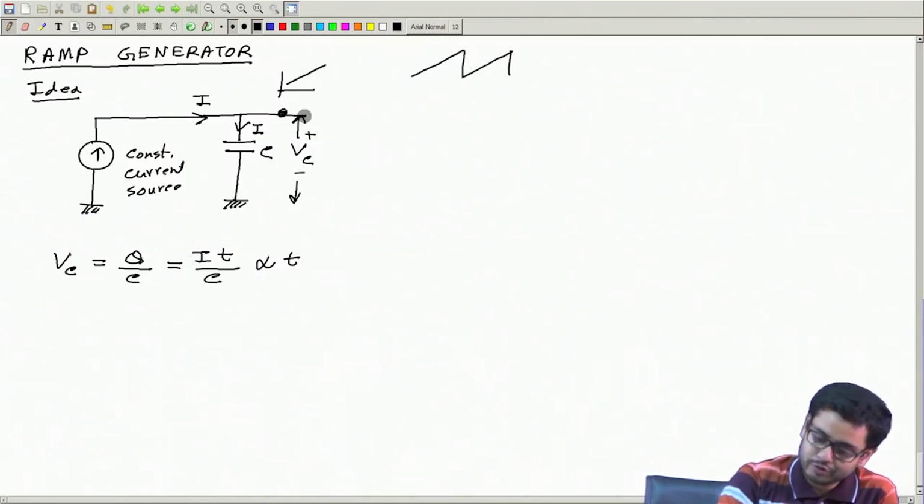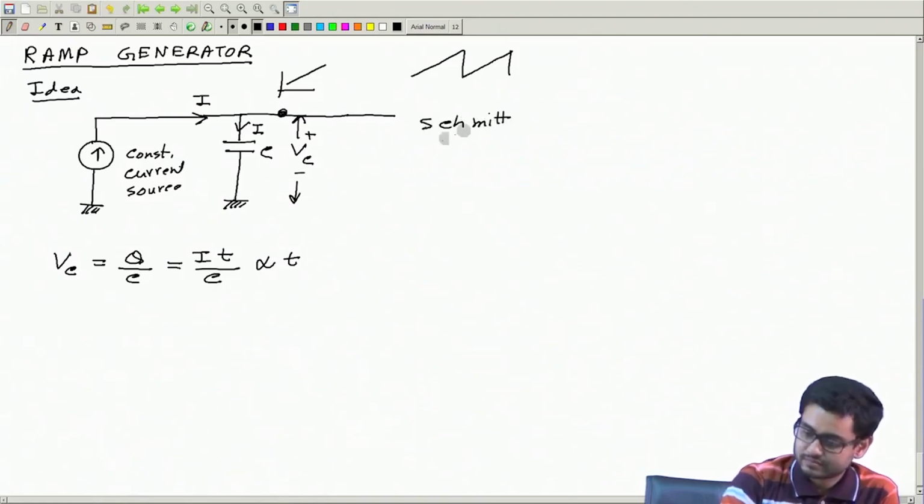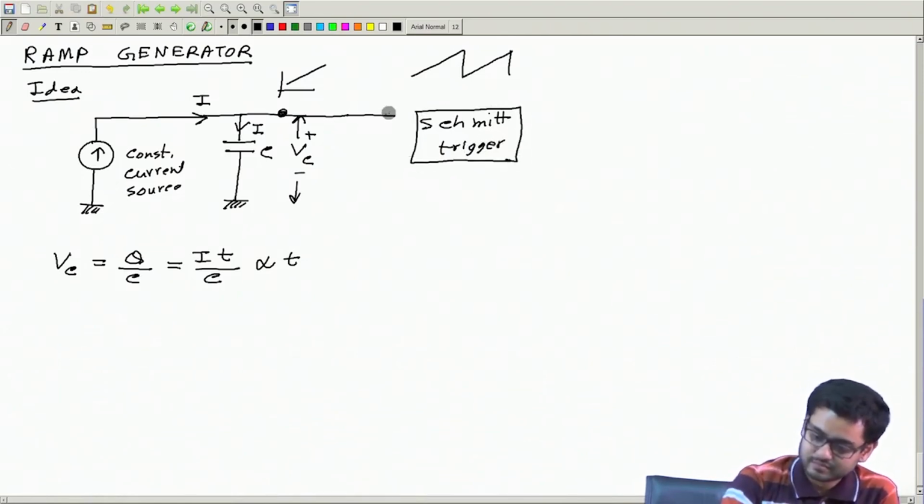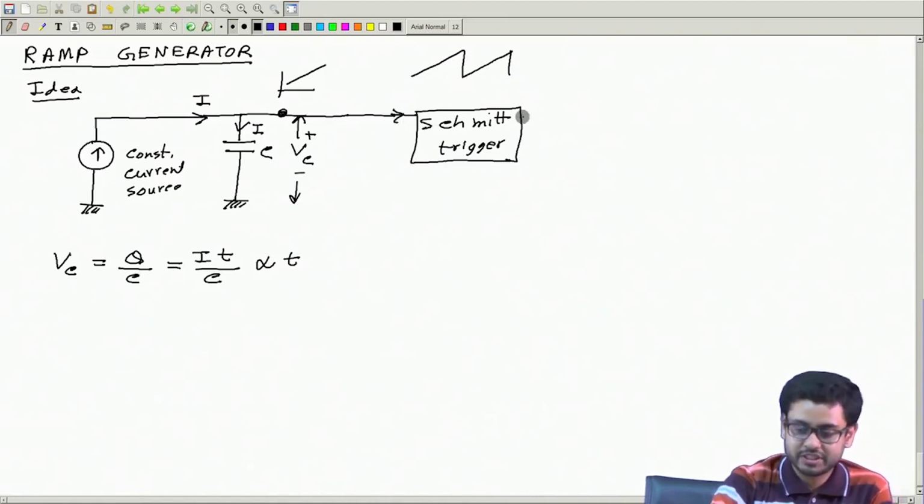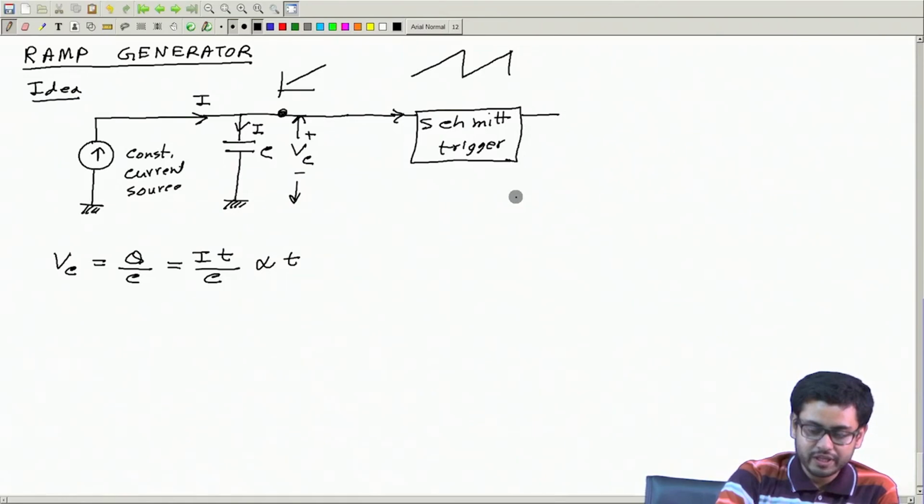So what we will do, we will feed it to a Schmitt trigger circuit, and this Schmitt trigger will activate, say, a switch.